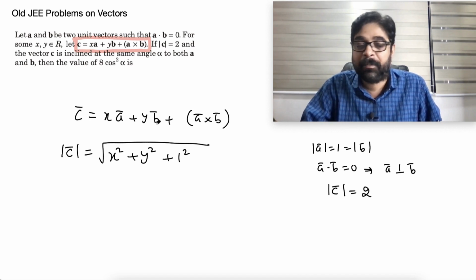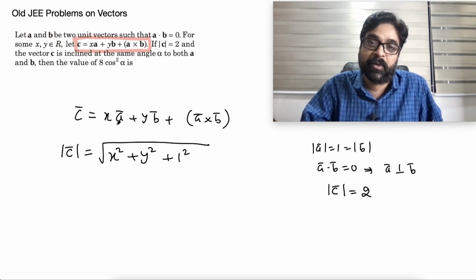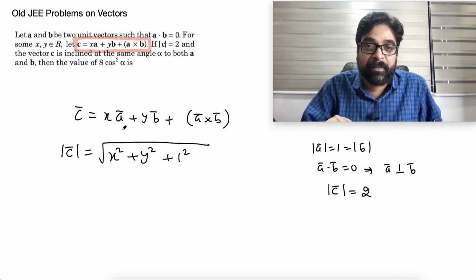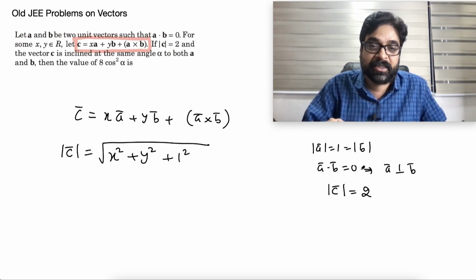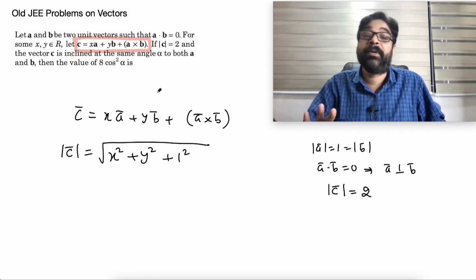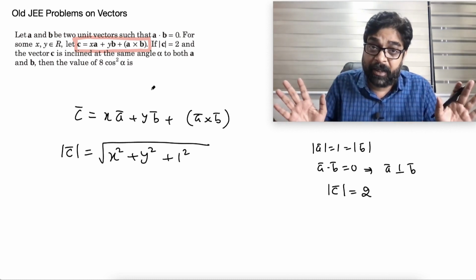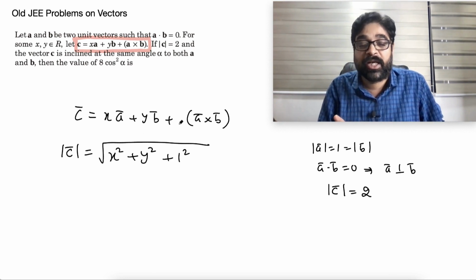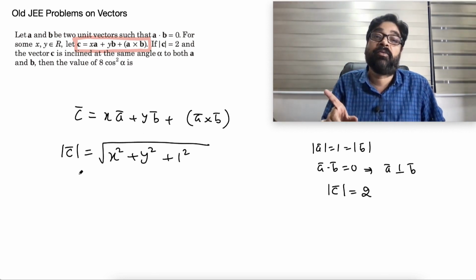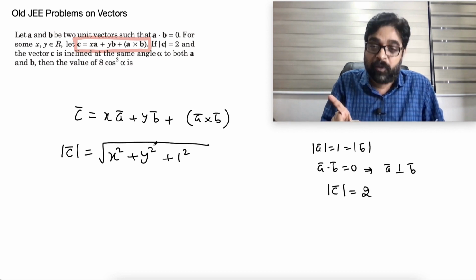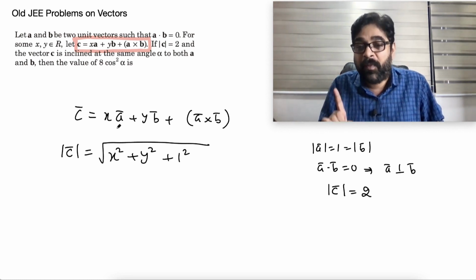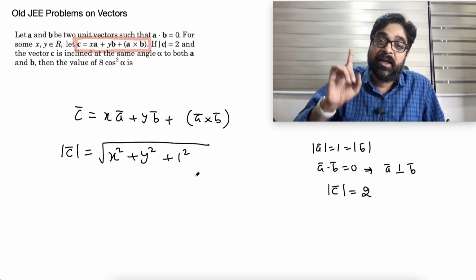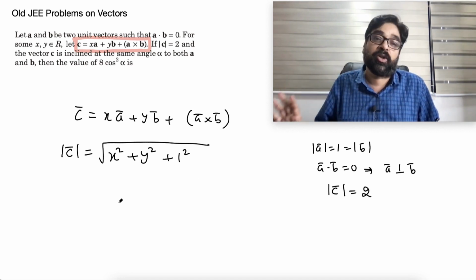A cross B is perpendicular to B as well as to A, but A and B should also be perpendicular. Yes, they are perpendicular, so I can write it this way. If A and B are any two vectors which are not perpendicular, then you can still write C vector like this with z into this, but you cannot write the magnitude this way. You can write the magnitude only this way when these three vectors are non-coplanar and orthogonal.